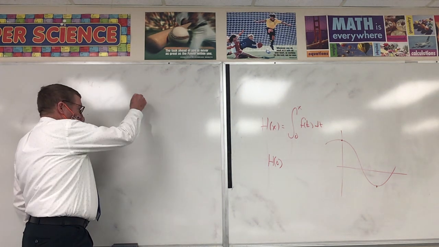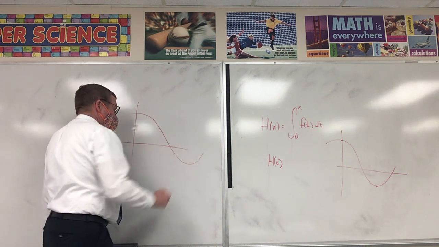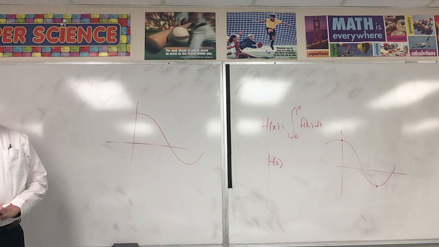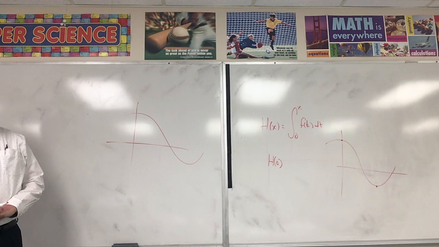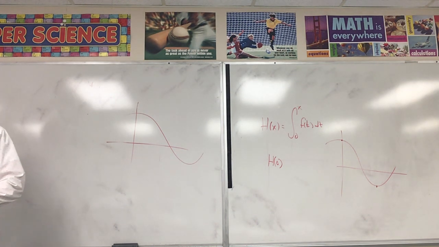Alright, so again, this is my function. I want to know where is my graph increasing or decreasing. Well, I can tell by the slope of the tangent line, right?